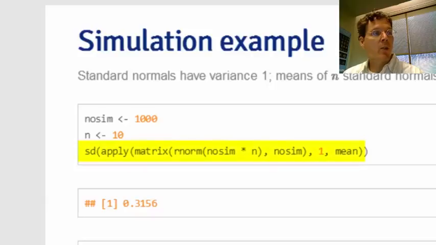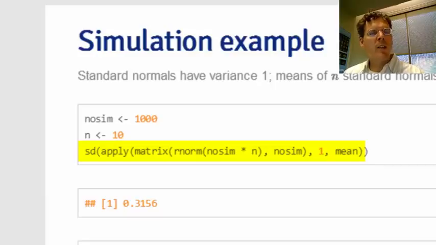When I simulate rnorm of number of simulations times n, I'm simulating 1,000 times 10 draws from a standard normal distribution and arranging them in a matrix with 1,000 rows and 10 columns. Then for each row, I'm calculating the mean. Thus, each row is the mean of 10 IID draws from the standard normal distribution.